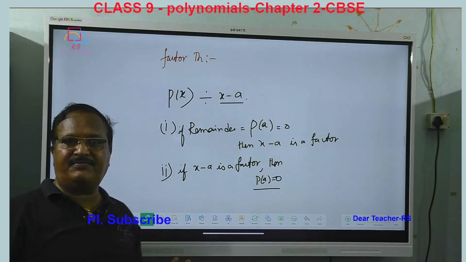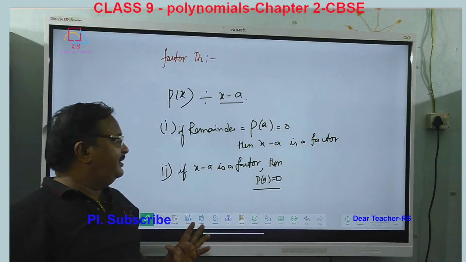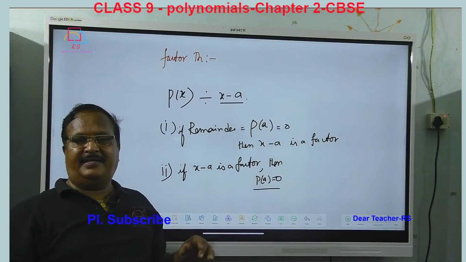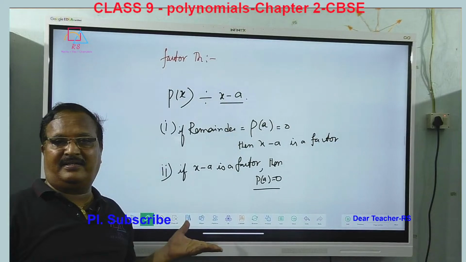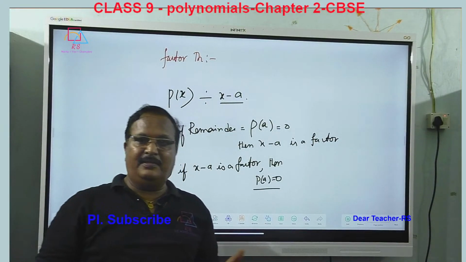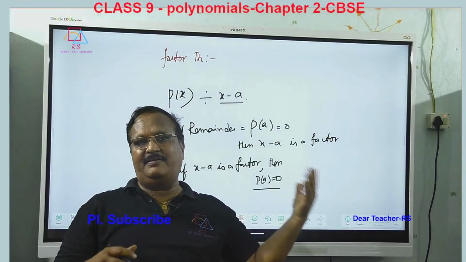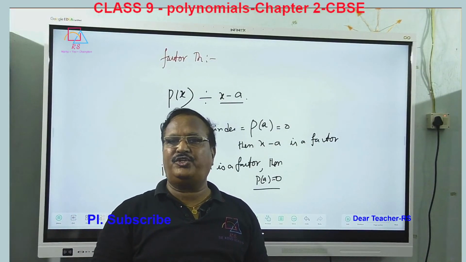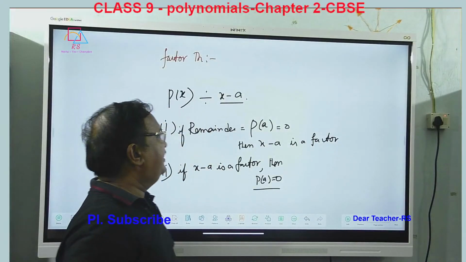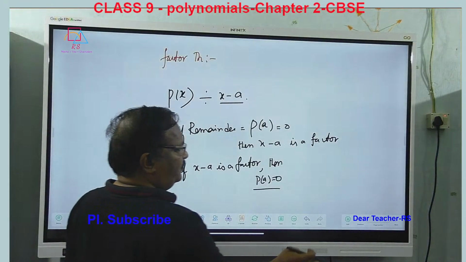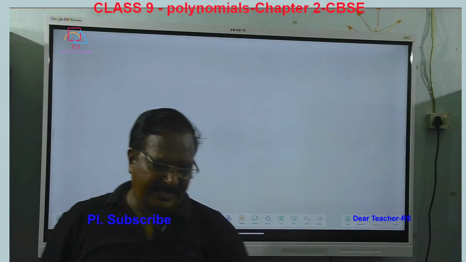Both ways are fine. So this is the remainder theorem, that means the factor theorem. The factor theorem is very simple. When you divide two numbers, if the remainder is 0, then the divisor is a factor of the dividend.